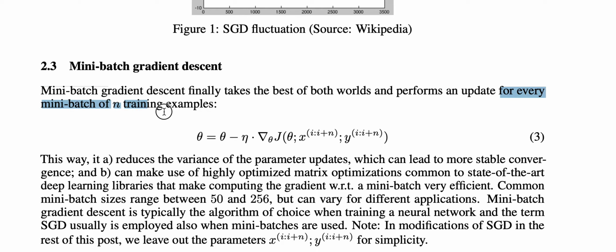For every mini batch of n training examples, so it splits the data in these batches, and it says, okay, from data point i to i plus n, use all that data and calculate the cost function, take the gradient, and then update the weights a little bit so that for that batch, the network is doing slightly better. So that's mini batch gradient descent.